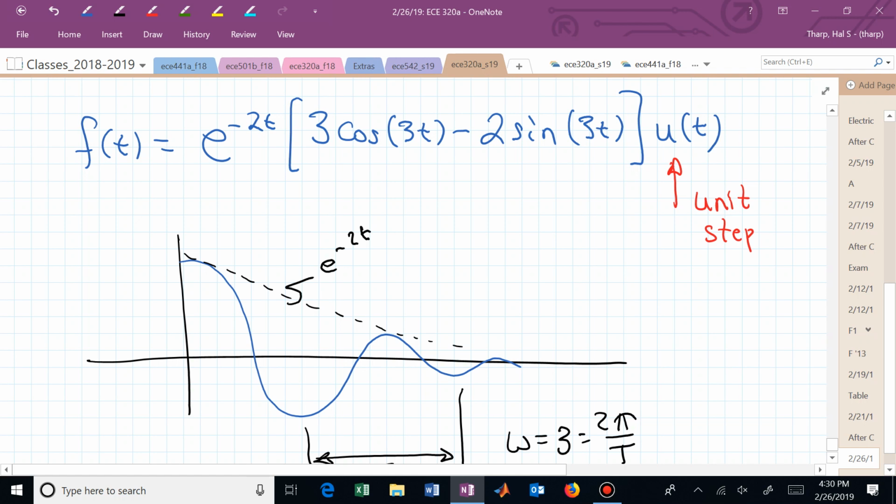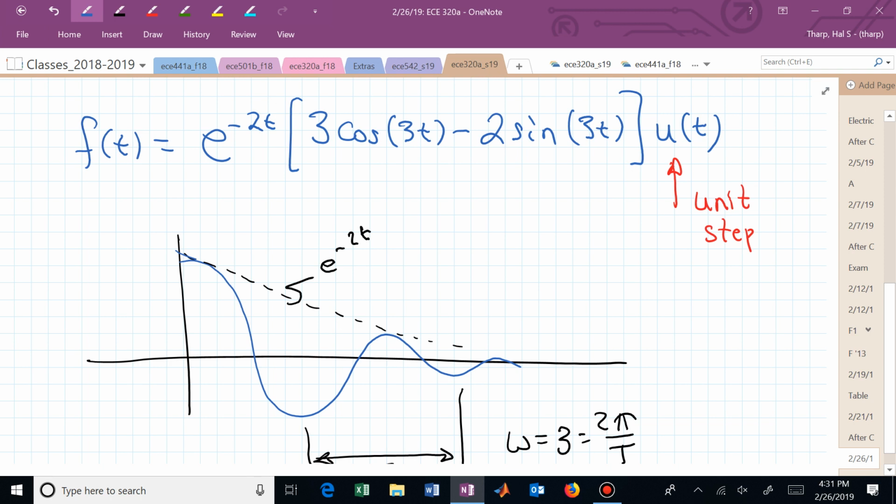Well, I can't draw it, but do you see what would happen if I covered up that unit step? It would still be playing back here for negative values of time if I didn't have that u of t scaling this expression.